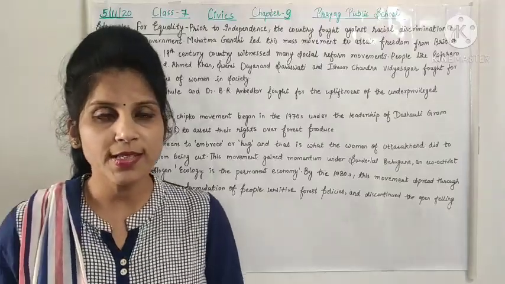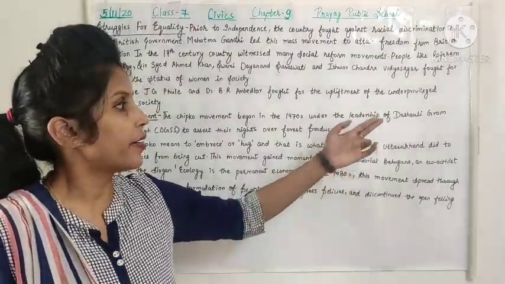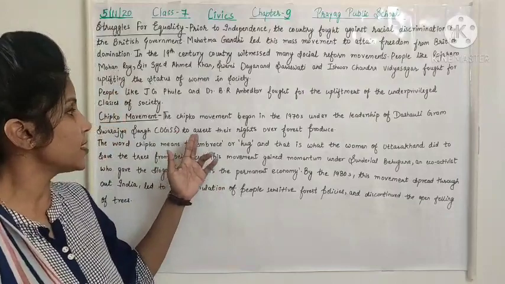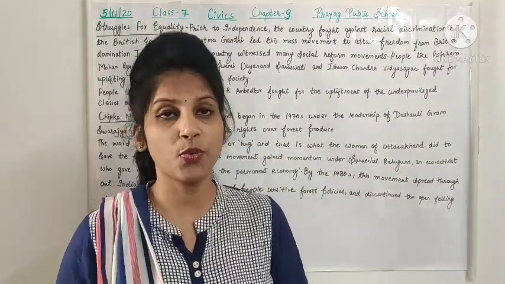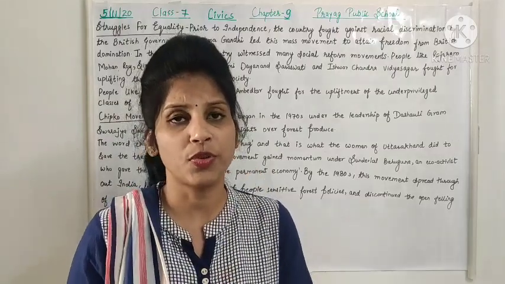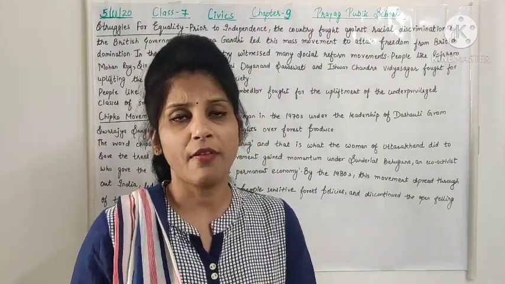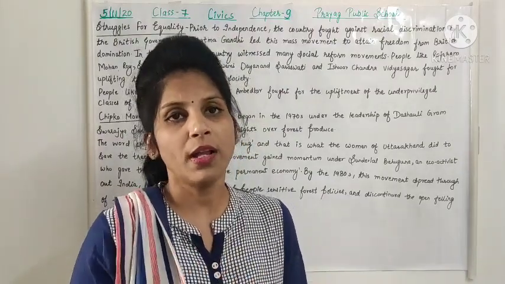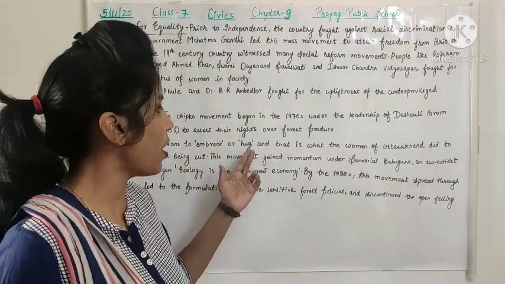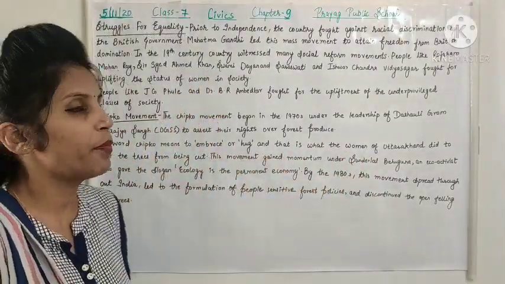So this movement started in the year 1970 and it was started by Dasoli Gram Swaraj Sangh, जिसे हम शॉर्ट में DGSS कहते हैं, to assert their rights over forest produce. उन्होंने अपना असर्शन दिखाया कि जो भी फॉरेस्ट की चीजें प्रोड्यूस होती हैं, चाहे वो लकड़ी हो, फ्रूट्स हो, टिम्बर हो, anything, they are having all the rights over it. The word Chipko means to embrace or hug, and that is what the women of Uttarakhand did to save the trees from being cut.